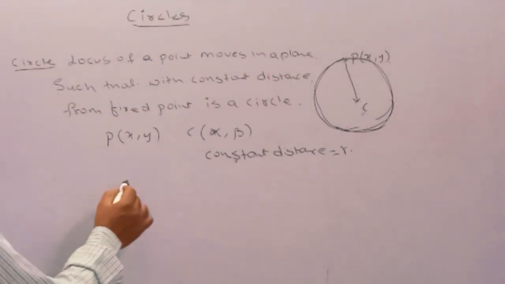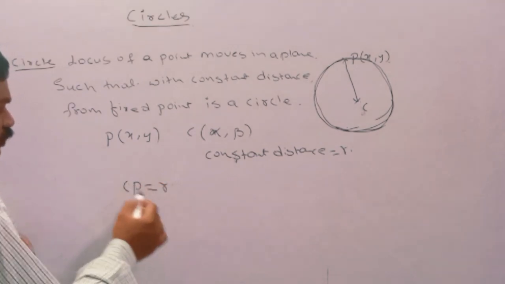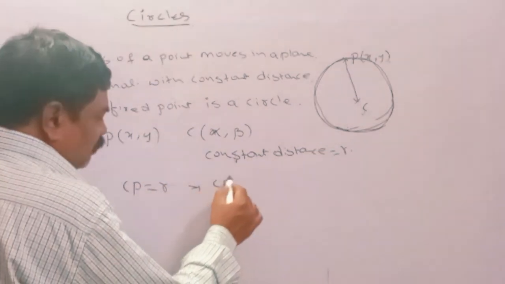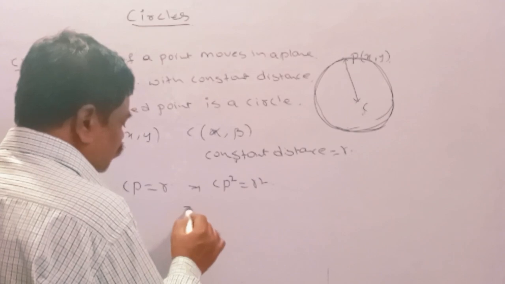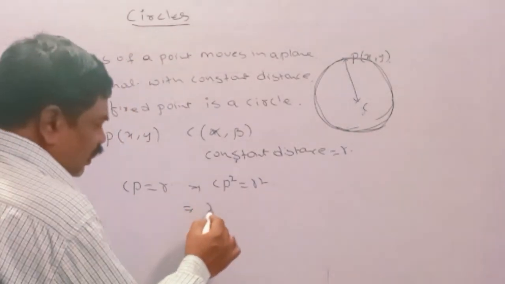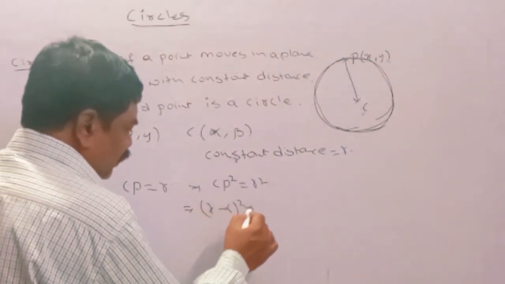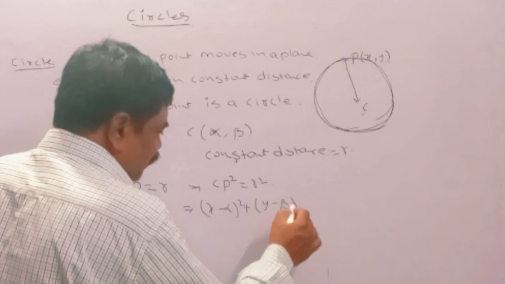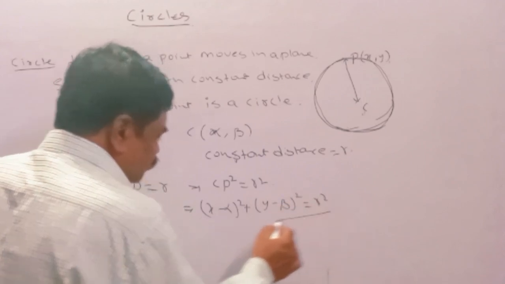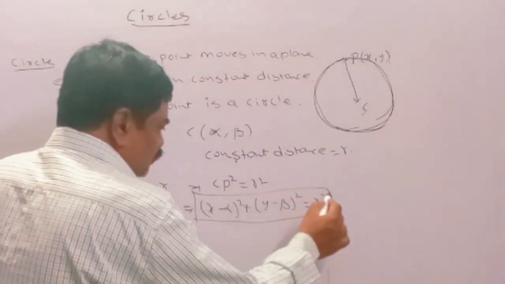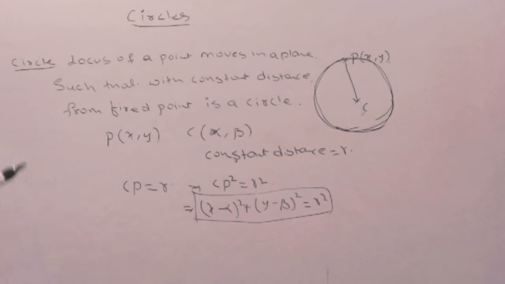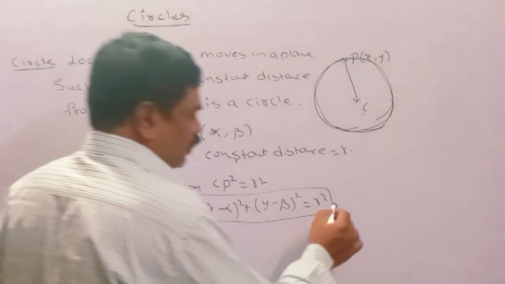Then CP is equal to r, which implies CP square is equal to r square. This implies (x minus alpha) whole square plus (y minus beta) whole square is r square. So this is the fundamental equation of circle.